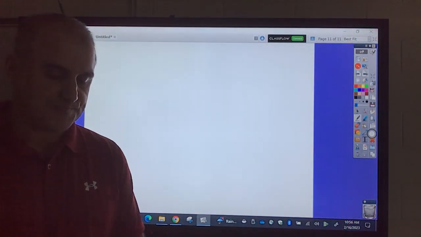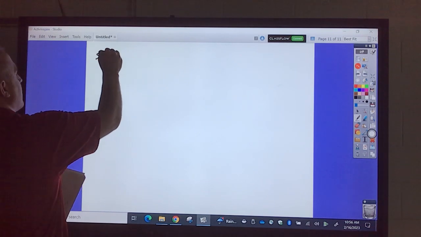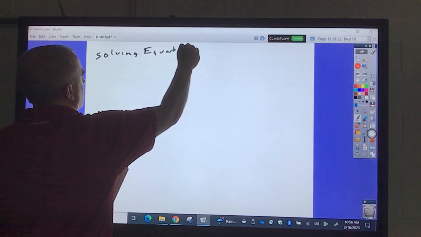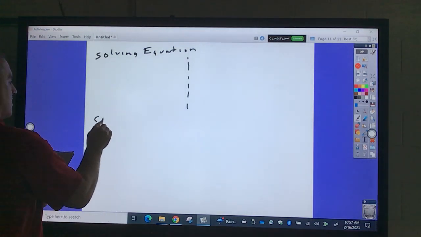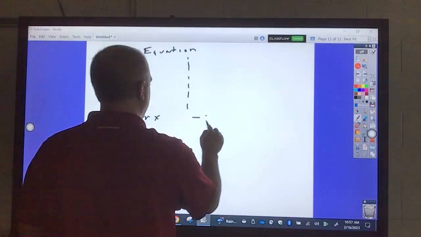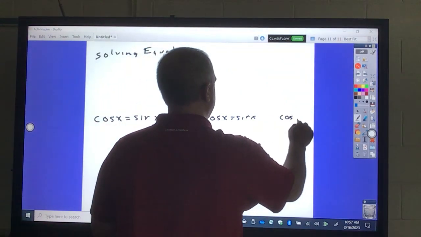Now, the big thing, the last thing I want to talk about: if you ever come across solving an equation, and you do all this work, and you end up with one of these three things: cosine x equaling sine x, negative cosine x equaling sine x, or cosine x equaling negative sine x.